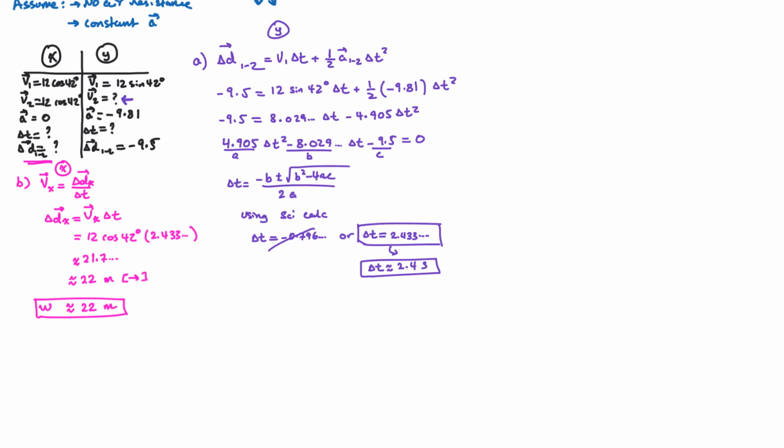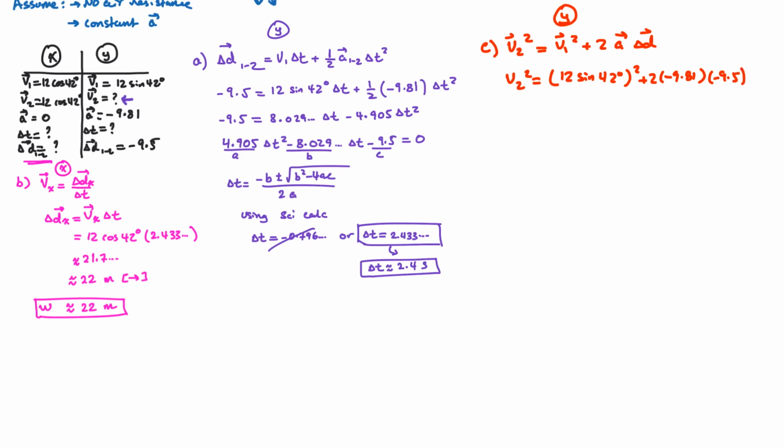And let's do that using red. So for part C, we know that final velocity squared in the y direction is equal to v1 squared plus 2a delta d. I'm trying to find v2, so that's v2 squared is equal to (12 sin 42 degrees) squared plus 2 times negative 9.81 times the displacement, which is negative 9.5.